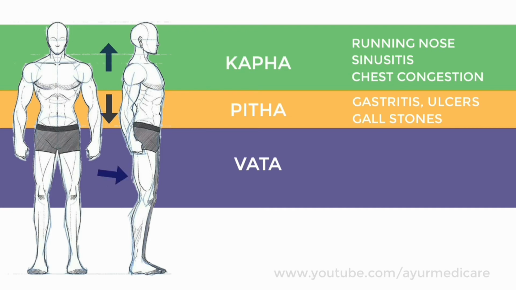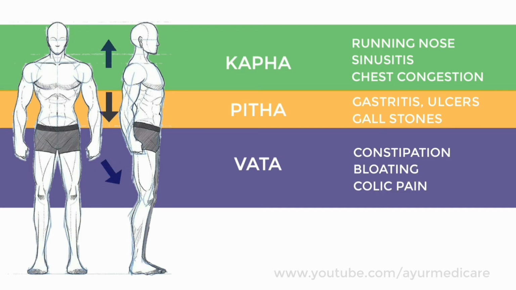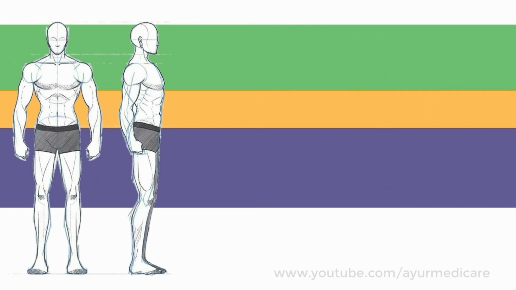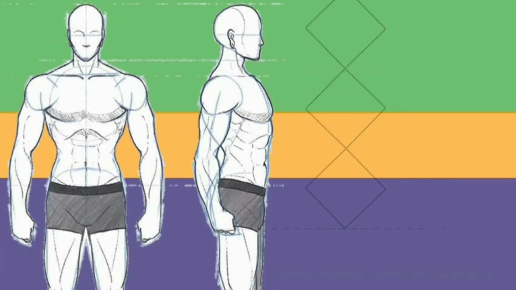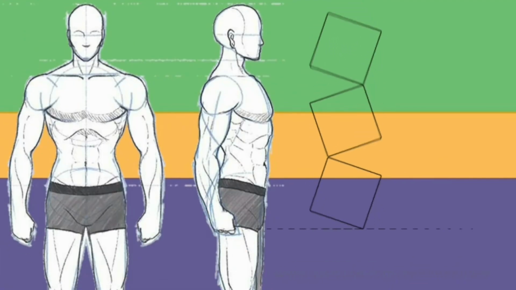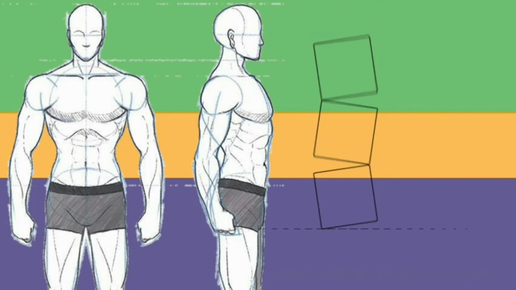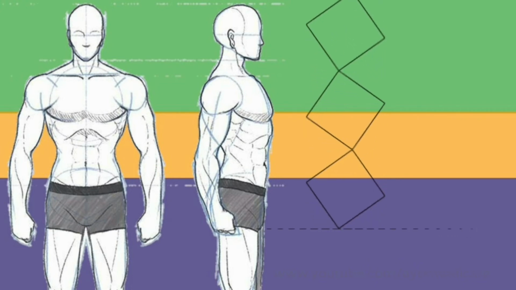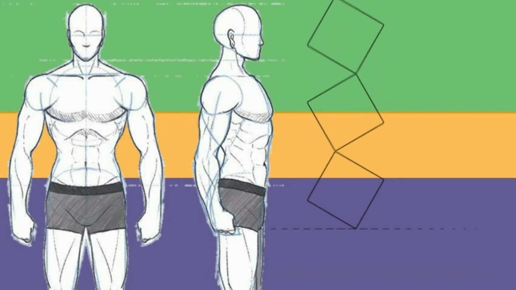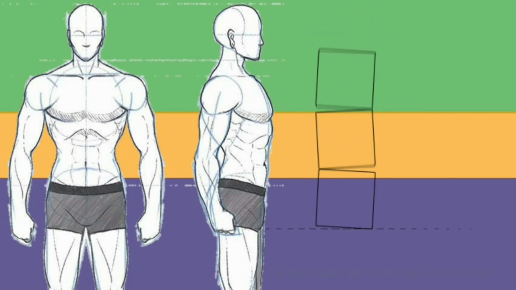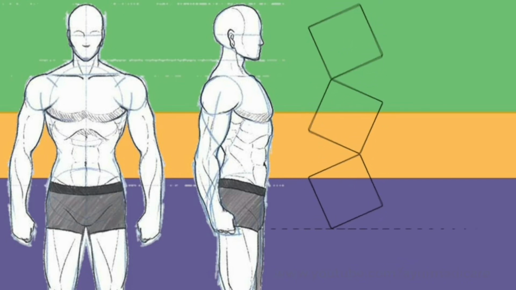Gastritis, peptic ulcers, gallbladder stones, etc. in the pitta place. And constipation, bloating, colic pain, etc. in the vata place. Sometimes it can migrate to the rest of the locations and create another class of ailments. It may not always be a literal migration, but showing the qualities of one dosha in another dosha's predominant place is what we mean here.